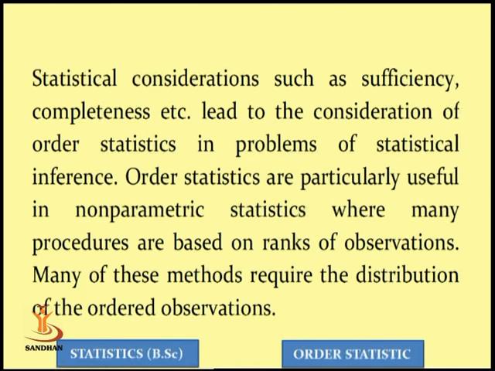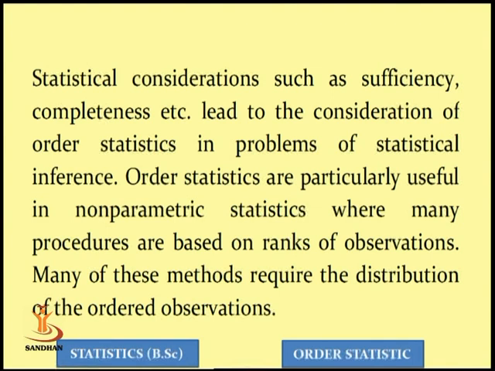Now, why is this consideration important? Because statistical considerations like sufficiency, completeness, etc., lead to the consideration of order statistics in problems of statistical inference. In some statistical analysis, order statistics play an important role.